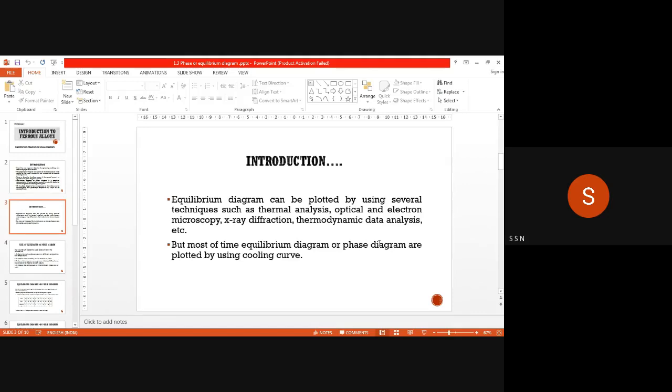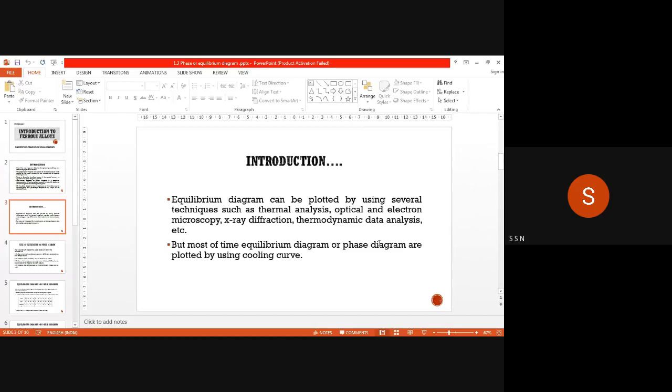That means three different materials are present inside the stainless steel. And consider a simple example of a copper-nickel alloy, brass, or bronze, a copper-tin alloy. In those alloys, only two elements are present. So this is a bivariant system. So univariant, bivariant, and trivariant systems are there, and we need to study all of these.